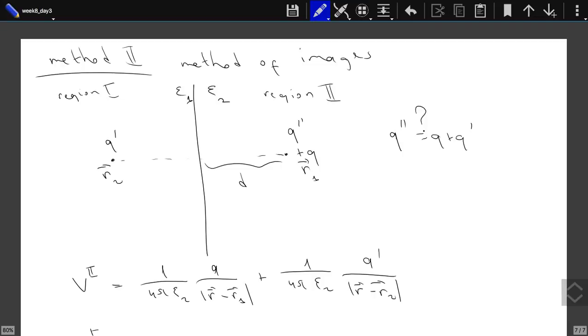So if you look at it from this side, those bound charges will look like they are coming from a charge Q prime on this side, which overlaps with our original charge. So at the position of my original charge, I will just see Q plus Q prime. Q because it's already there, plus Q prime because of these bound charges.